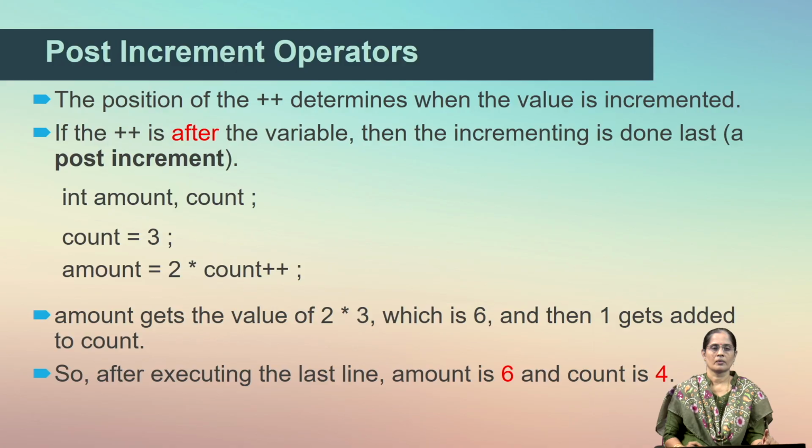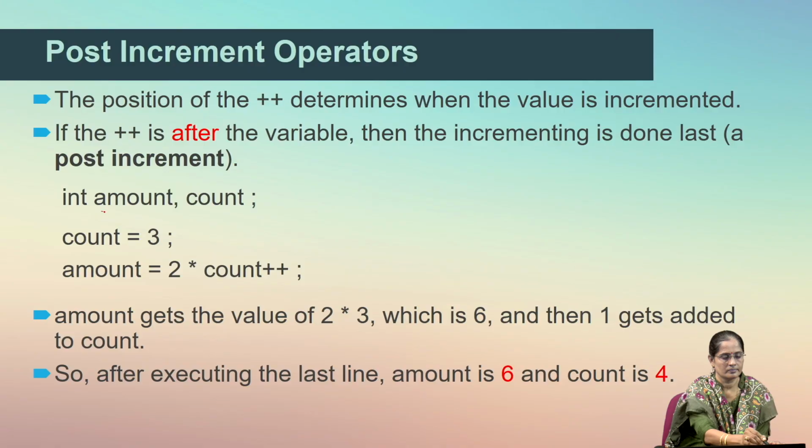Both count plus plus and plus plus count do the same process of adding 1 to the variable count. However, the position where we place the plus plus operator makes a difference in the operation. If you place the plus plus operator after the variable, then the increment is done as the last operation.